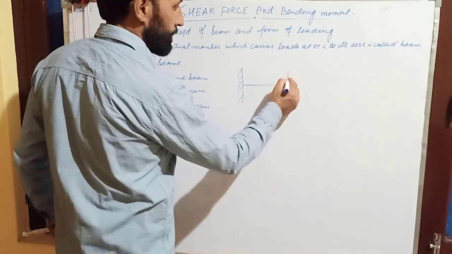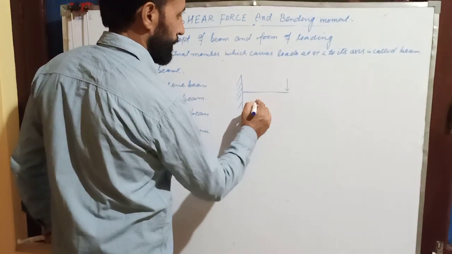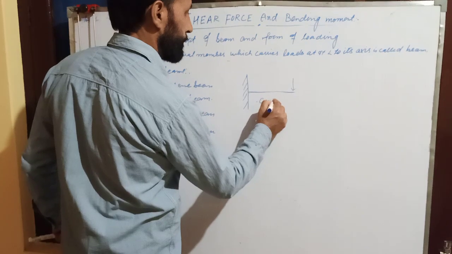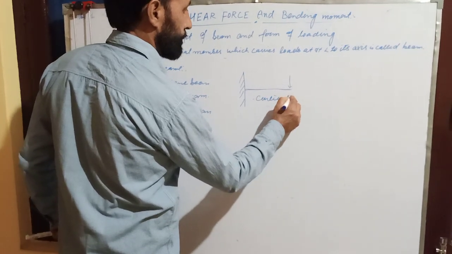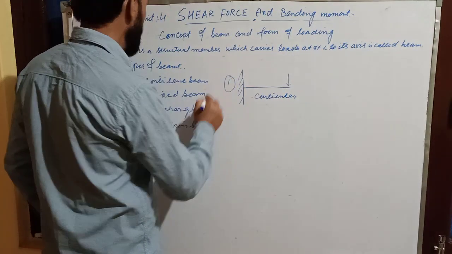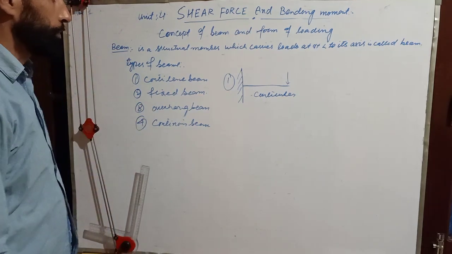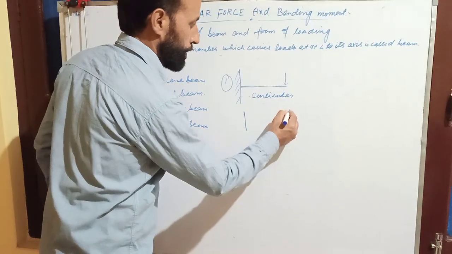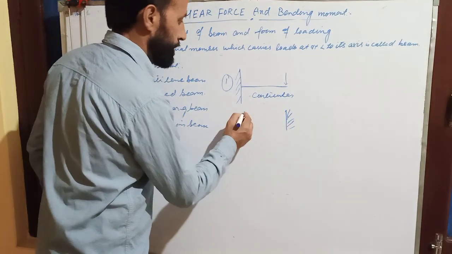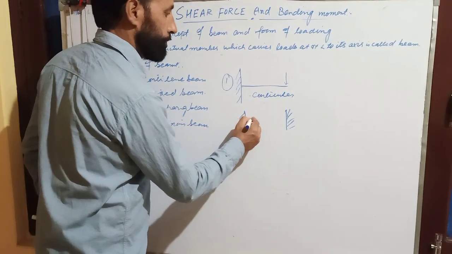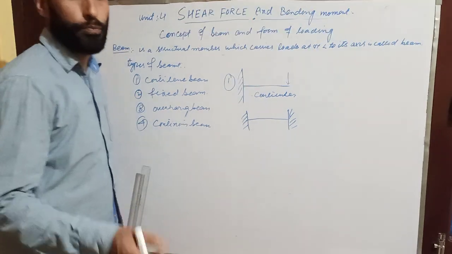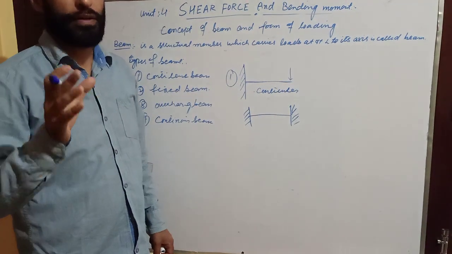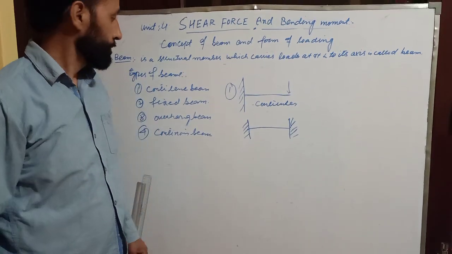This is known as a cantilever. Number two, fixed beam. This one is the fixed beam. A fixed beam is that type of beam in which both ends of the beam are fixed with walls.